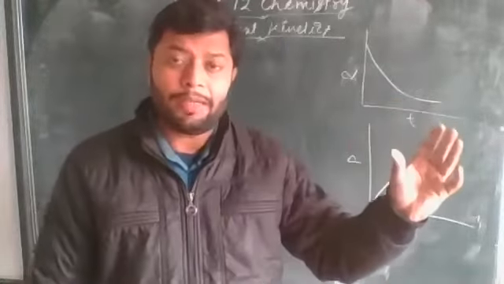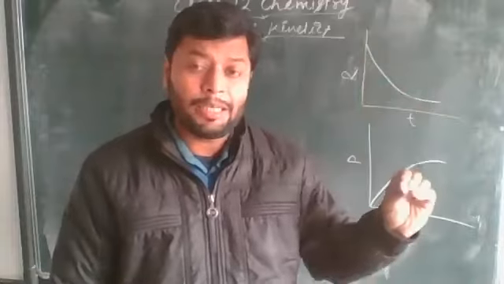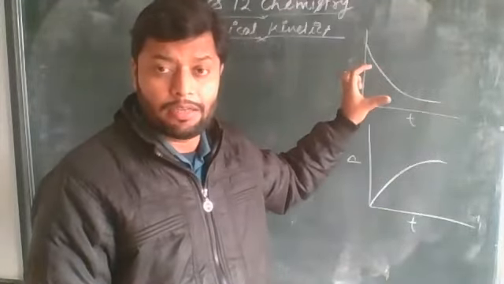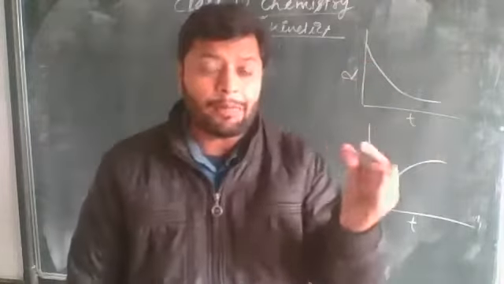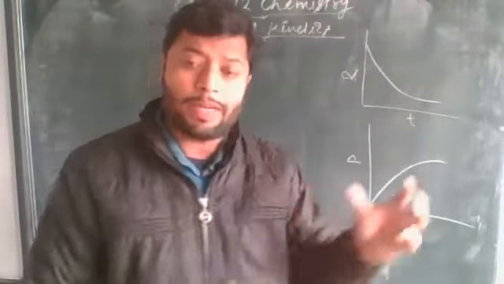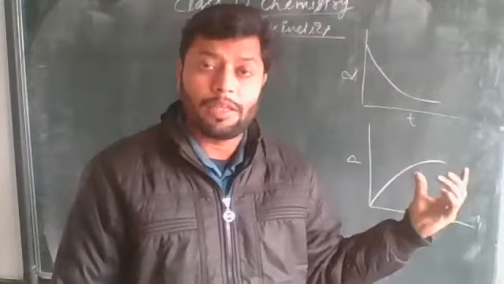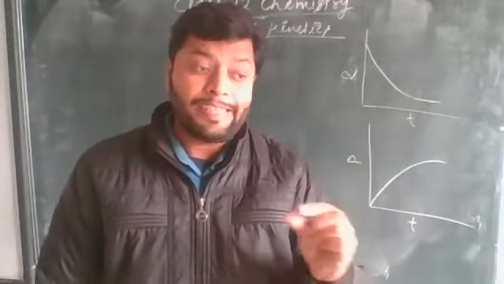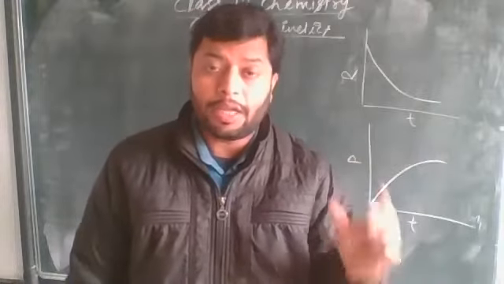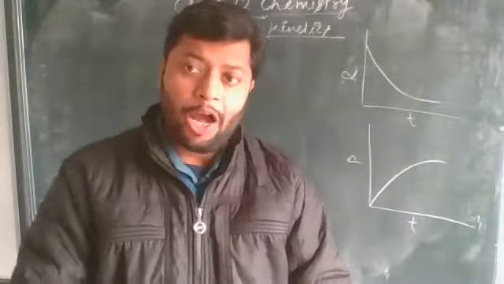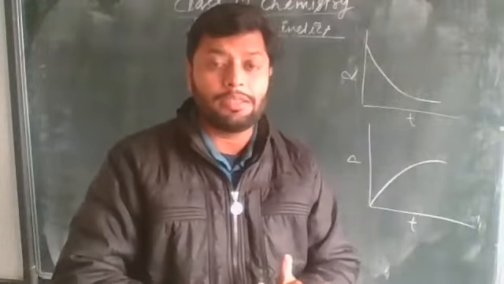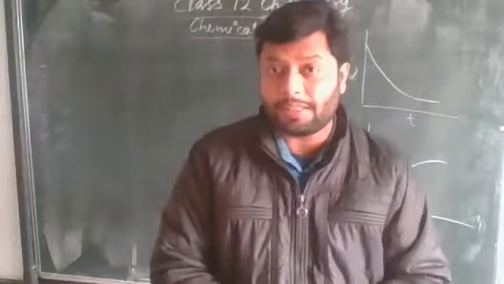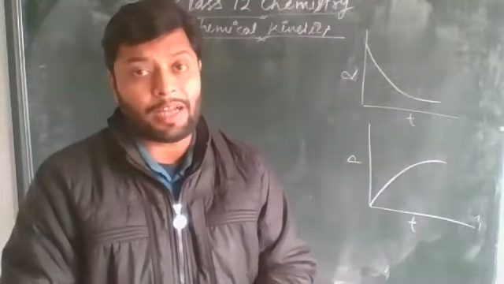With the passage of time, the rate of reaction decreases because the concentration of reactant also decreases. So the frequency of collision that gives a product also decreases, and that affects the rate of reaction. All these factors we will learn in the next section, called the factors influencing the rate of reaction.